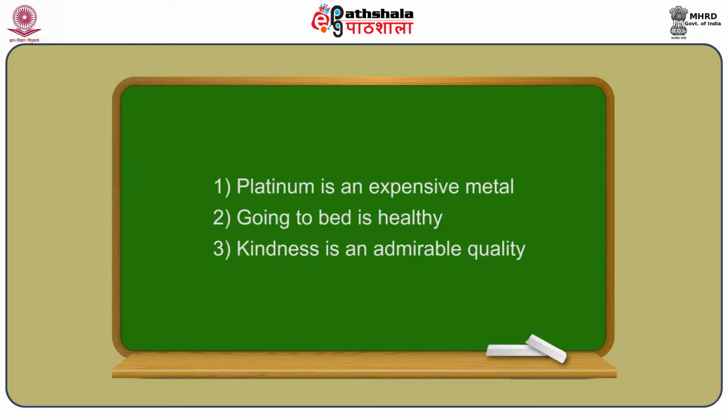So, suppose I say platinum is an expensive metal, or going to bed is healthy, kindness is an admirable quality. Platinum does not refer to actual pieces of the metal platinum. It refers to something more abstract. When I say platinum is an expensive metal, I don't necessarily mean a particle of platinum is expensive. What I'm referring to is something more abstract that philosophers have often called substances, and so on.